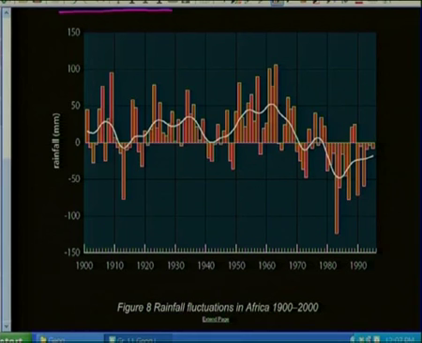So we've got time depicted in decades, and we've got the bar charts showing you rainfall patterns, and then a trend line where they have basically shown you where there's above normal and below normal recorded levels of rainfall throughout time.